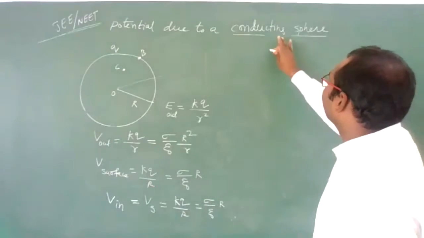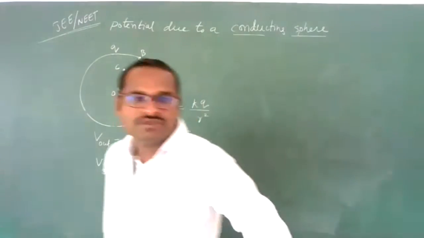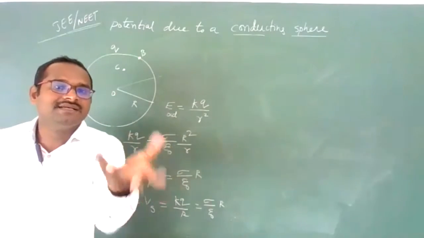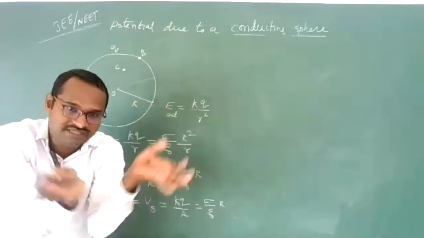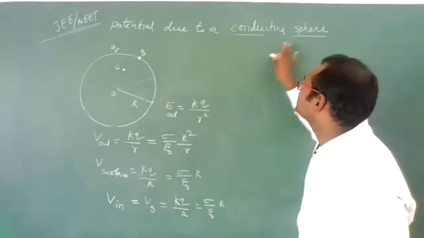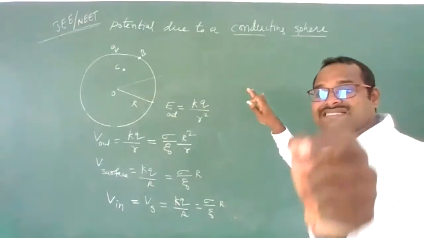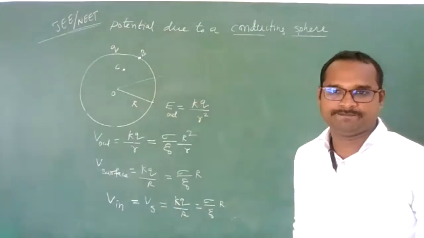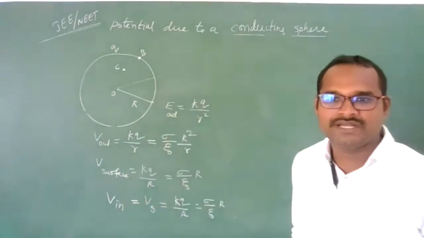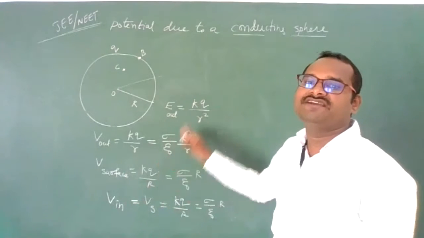For a conducting sphere, whatever charge you give, the charge will reside only on the surface. Means in electrostatics, a conducting sphere also behaves like a spherical shell.